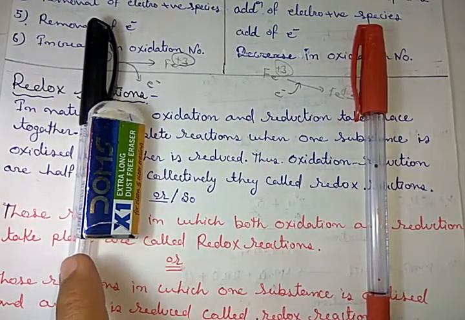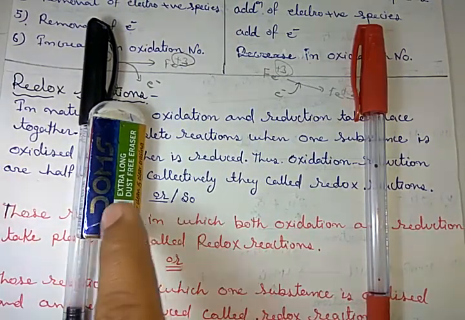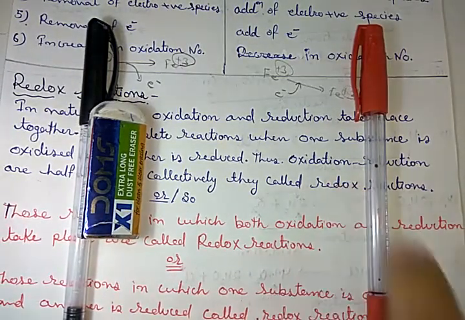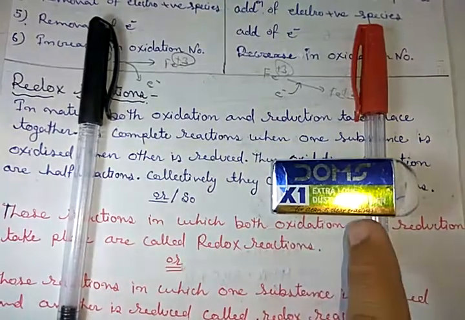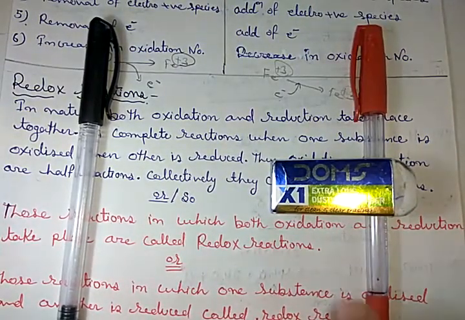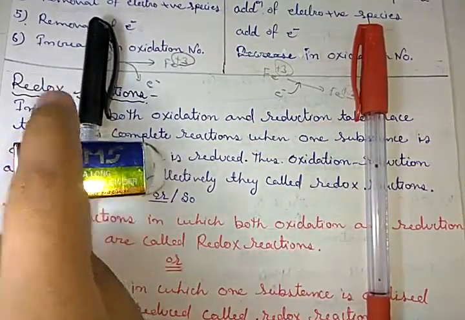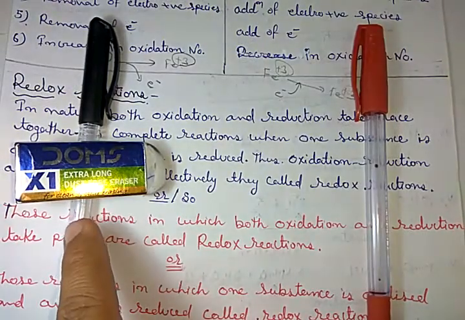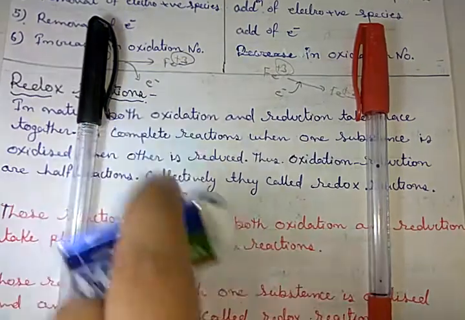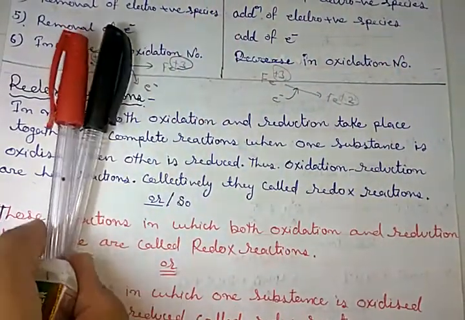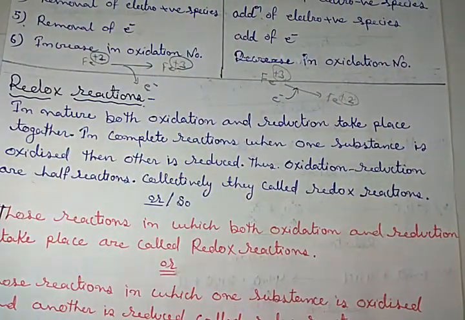If there is addition, then there is removal also. Oxygen was attached with that, now I attach it here, so this one is oxidized but that one is reduced. So in a complete reaction both oxidation and reduction take place together.